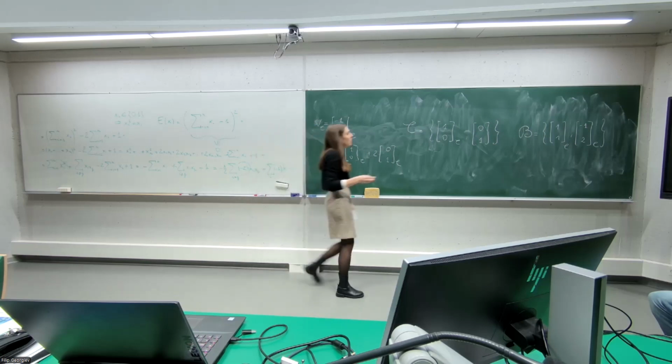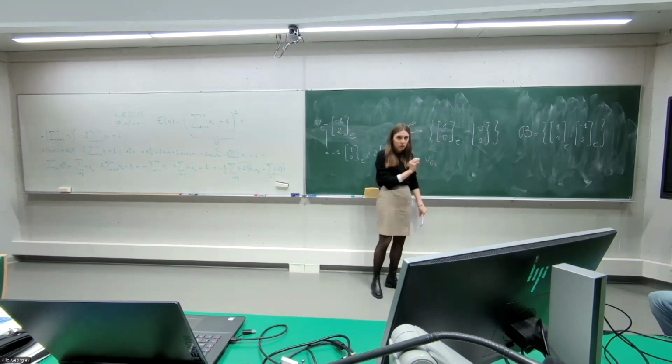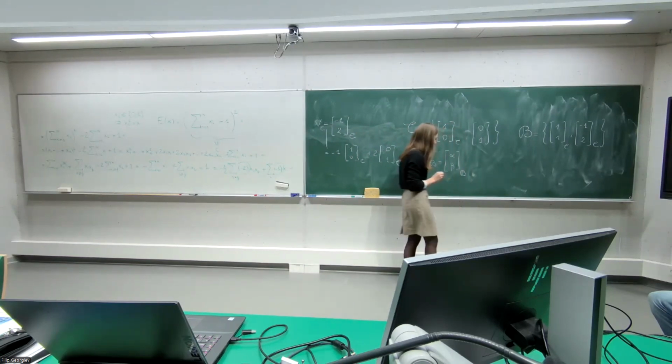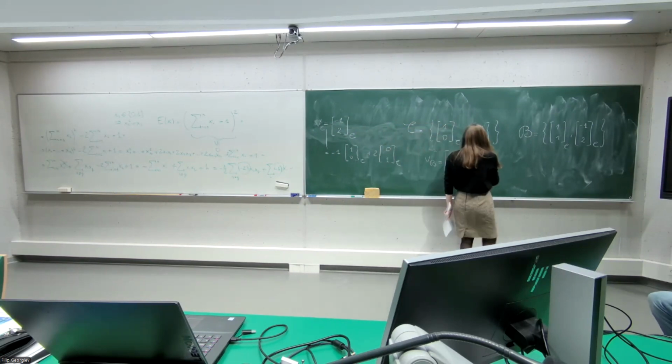When I ask myself, what are the coordinates of the same vector, but in basis B? I'm asking myself, what are these two numbers, alpha and beta? And those numbers are such that they satisfy this condition.